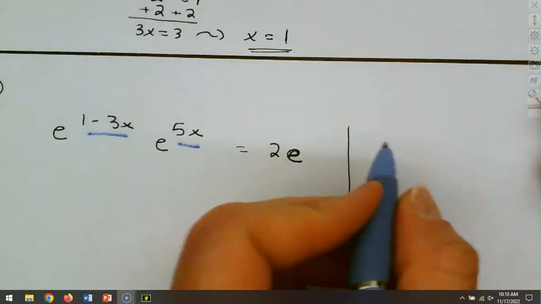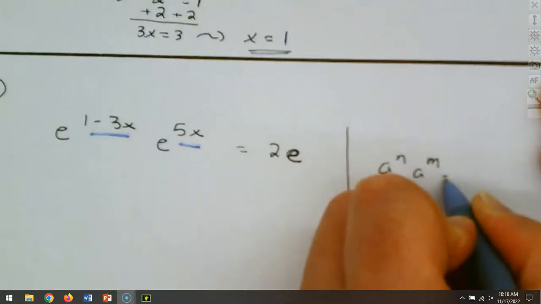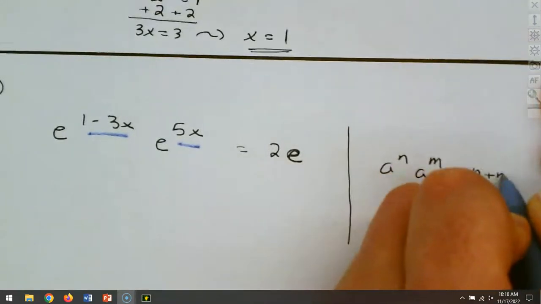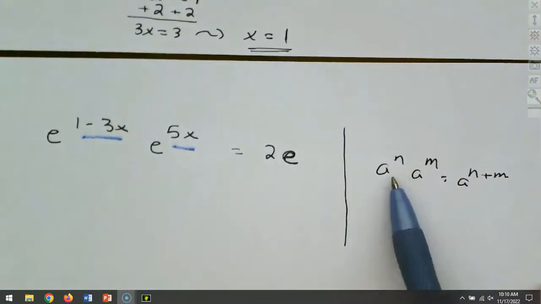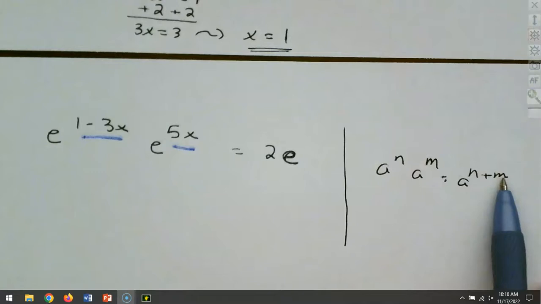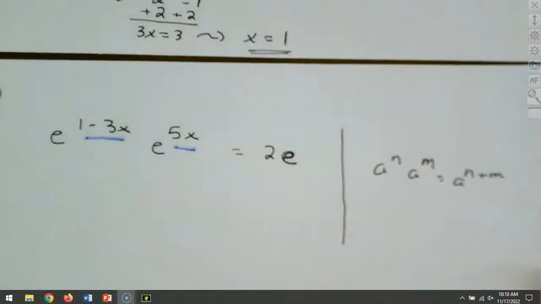Remember your property. a to the n times a to the m is a to the n plus m power, right? So when we multiply, if the bases are the same, the exponents can do what? The exponents can add together. So let's go ahead and do that.